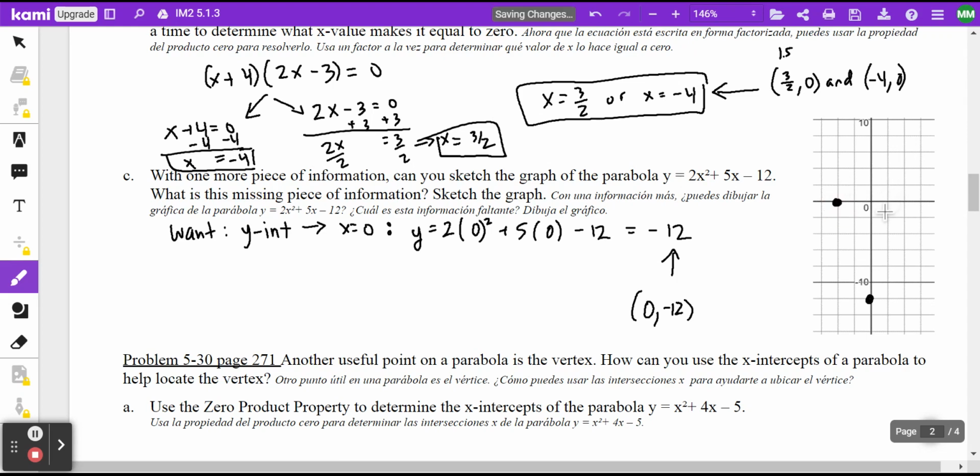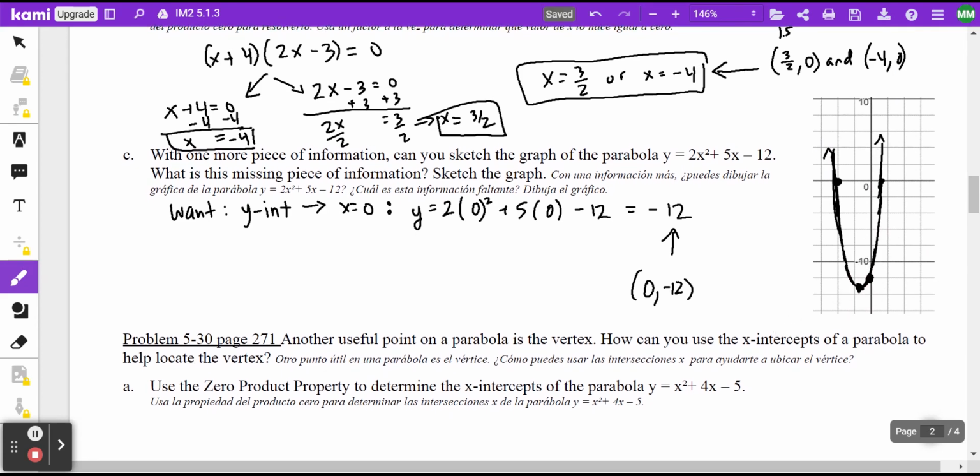And then 1.5. It's about here. There's my graph. And I also want to know the vertex, but we're going to keep going with these notes.